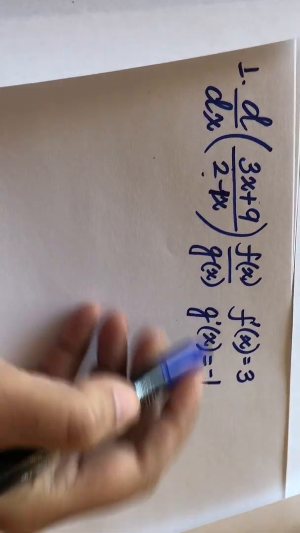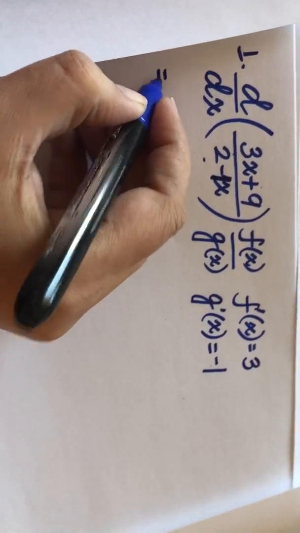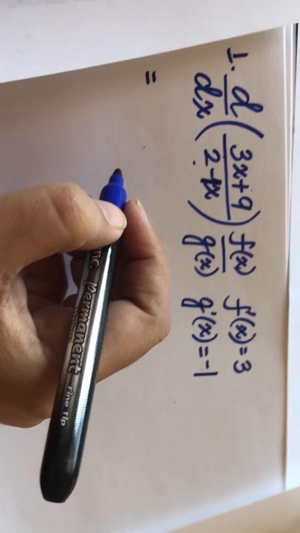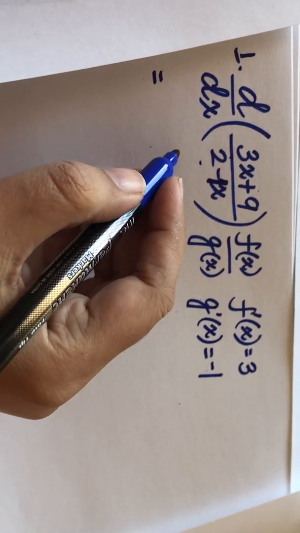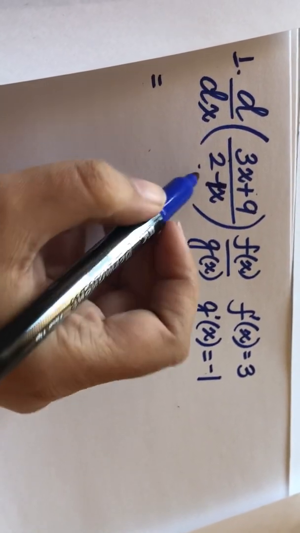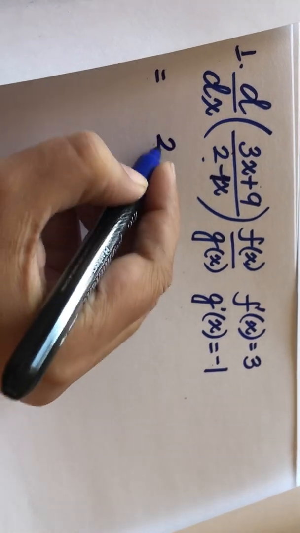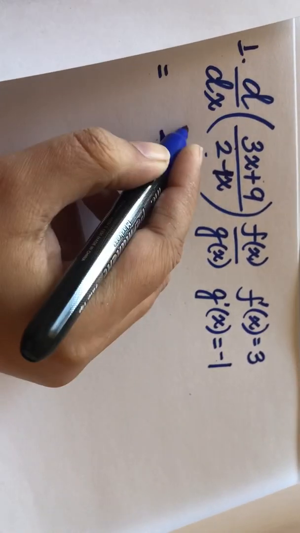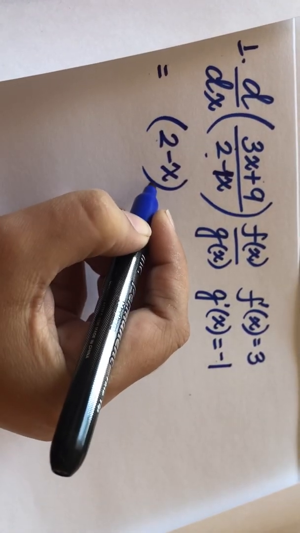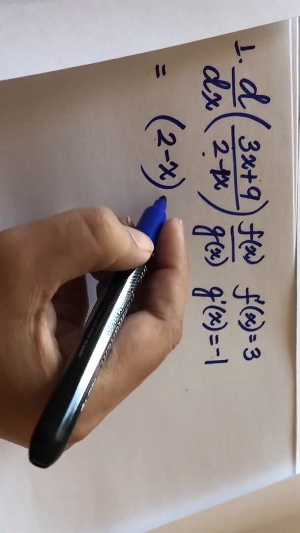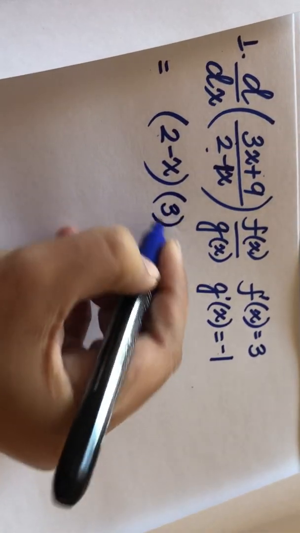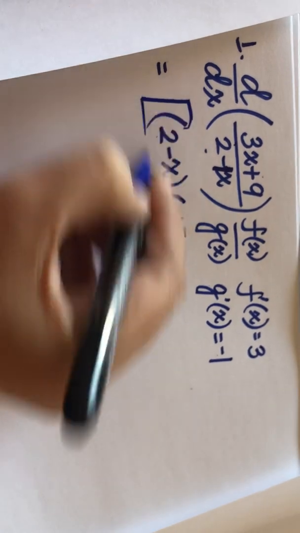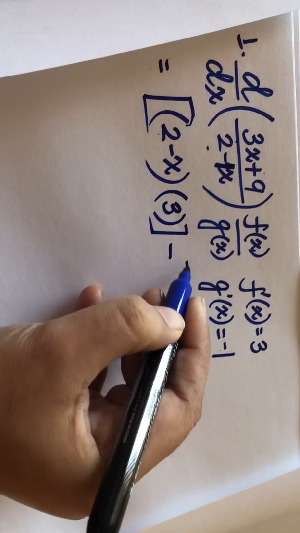Now students, we have everything listed out. Now it's just a matter of putting everything into the formula, and that too correctly. So remember, our formula had our second function first, the original second function. So we will have 2 minus x, that is our g of x, times f prime x. What is f prime x? 3. Minus, a part of the formula.